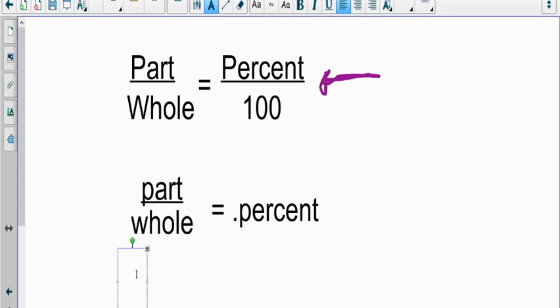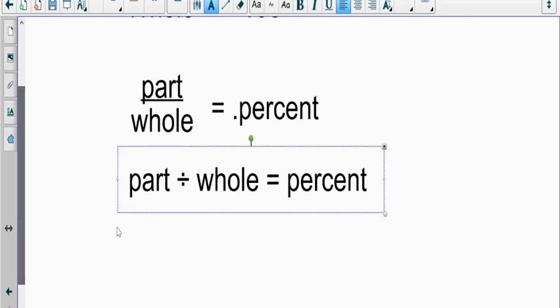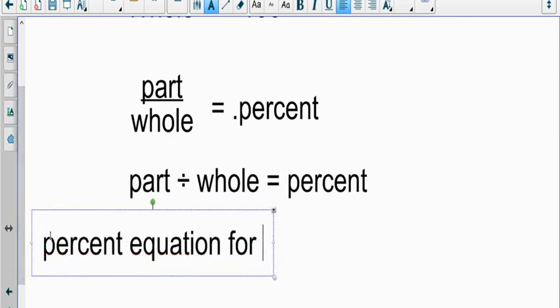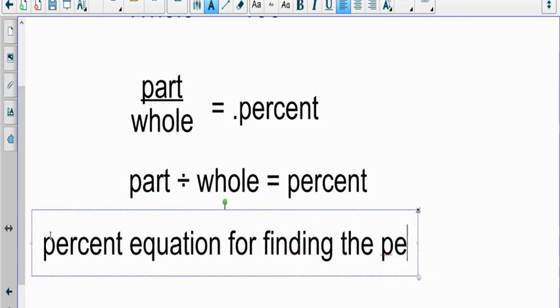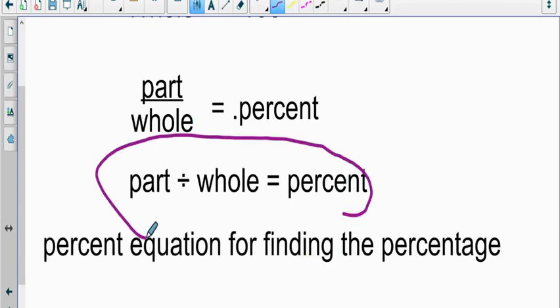Writing it out as an equation, part divided by whole equals percent. Again, this is the percent equation for finding the percentage. Part divided by whole equals percent.